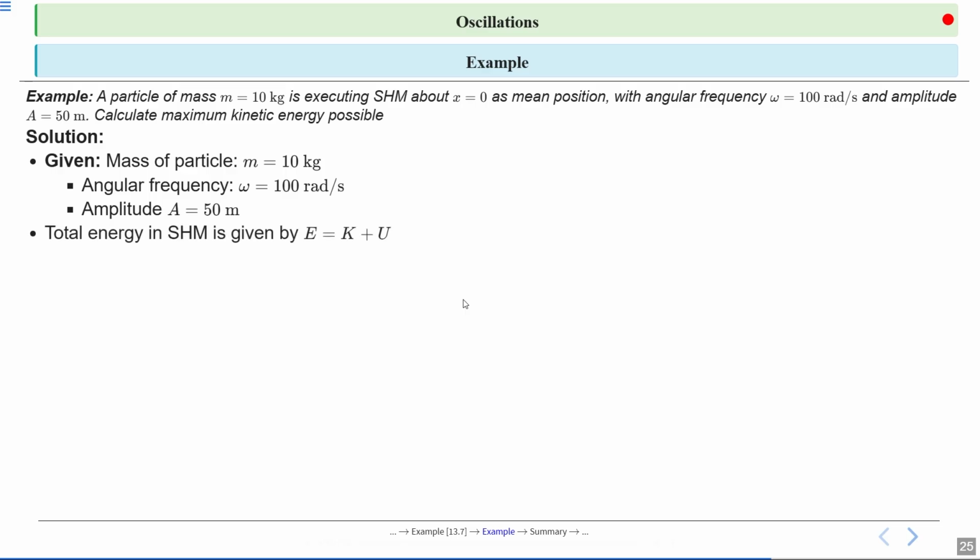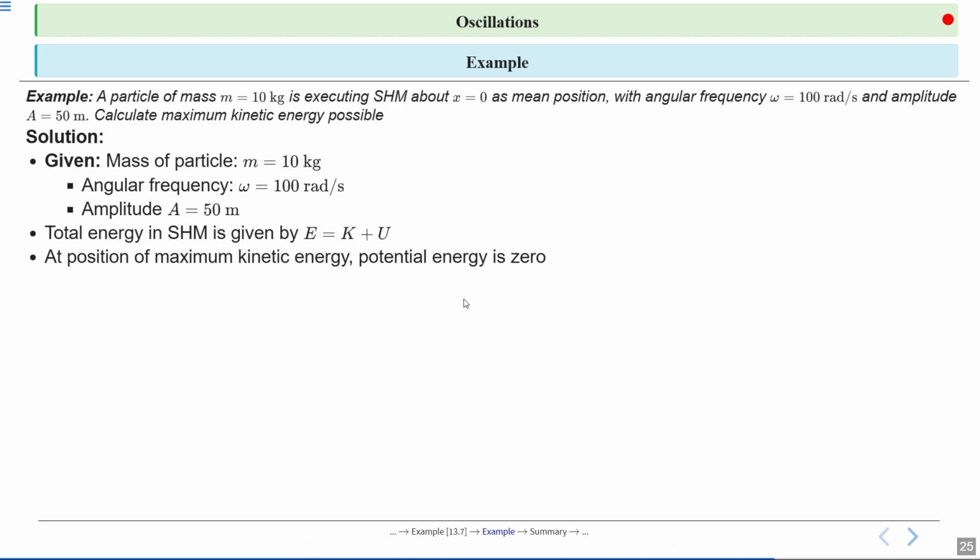Total energy in SHM is given by E equal to K plus U. This total energy stays constant as the particle moves, but the amounts of kinetic and potential energy change as it oscillates. At the point where the kinetic energy is at its maximum, the potential energy is 0.